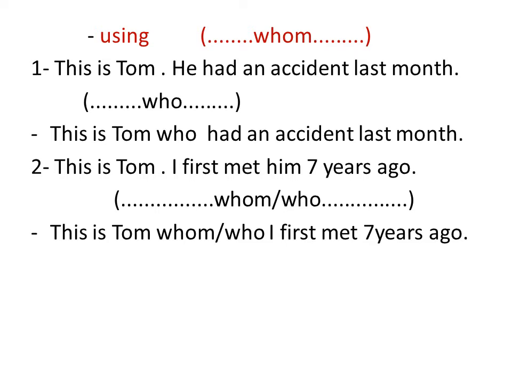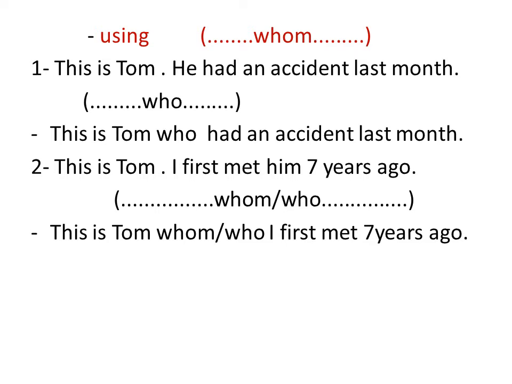So the answer will be: This is Tom who had an accident last month. Let me remind you, my dear students, that in this sentence we can't use whom as a relative pronoun, because we use whom as a relative pronoun if the repeated noun in the second sentence is an object.